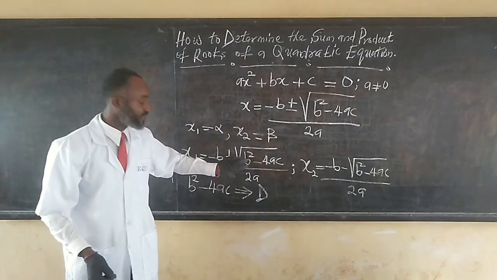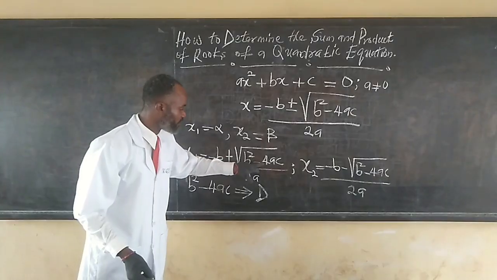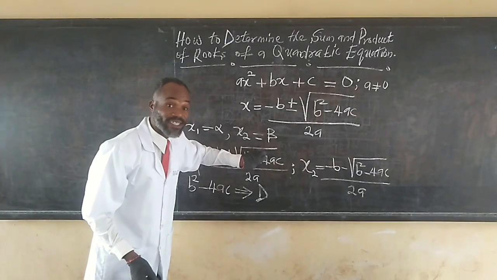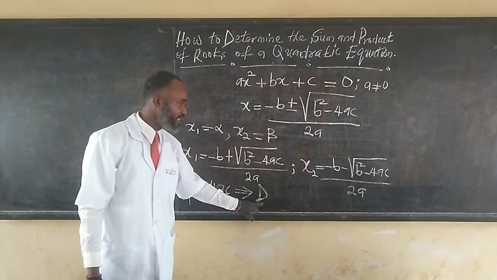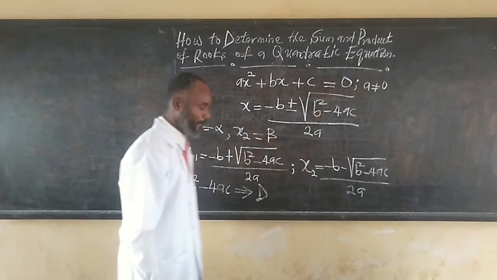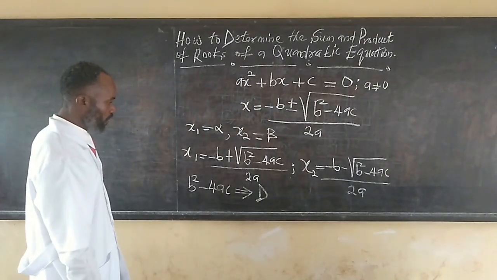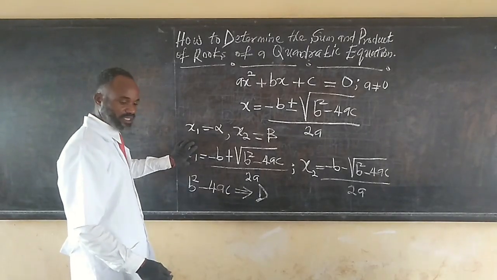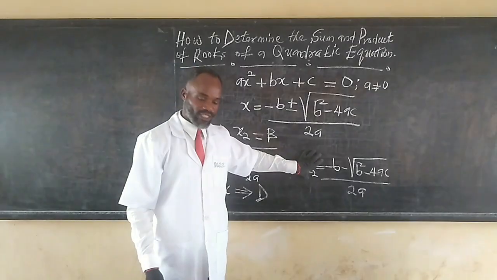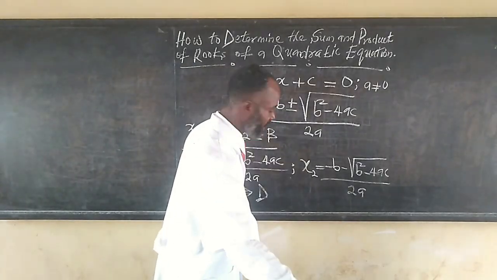So anywhere we see b squared minus 4ac, instead of writing it, we write capital D, bold letter D. The same thing applies here. Okay? So let's understand that. We are going to do it at this point, we are going to do it at this point also. So let's look at that.